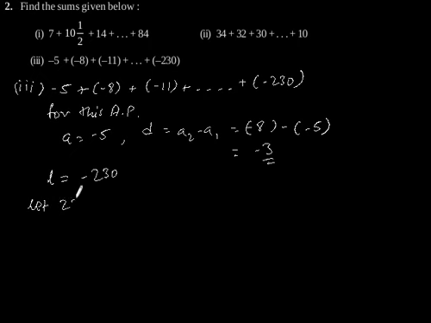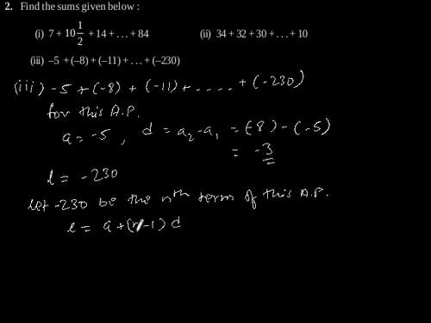Again, let minus 230 be the nth term of this arithmetic progression. So we will get L is equal to a plus n minus 1 into d. Putting the value, minus 230 is equal to minus 5 plus n minus 1 and d is minus 3.